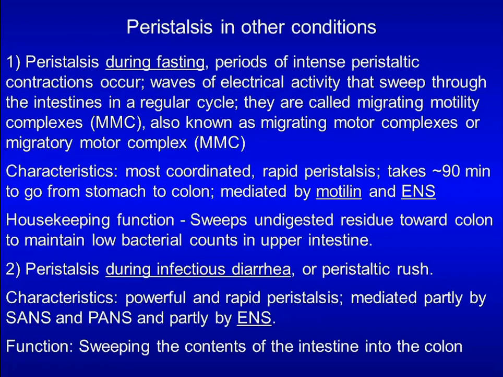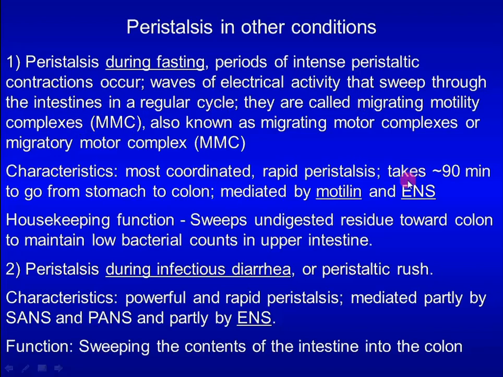Peristalsis also occurs in other conditions. For example, during fasting, periods of intense peristaltic contractions occur. They appear in waves of electrical activity that sweep through the intestine in a regular cycle. They are called migrating motility complexes, or MMC. They are the most coordinated rapid peristalsis.